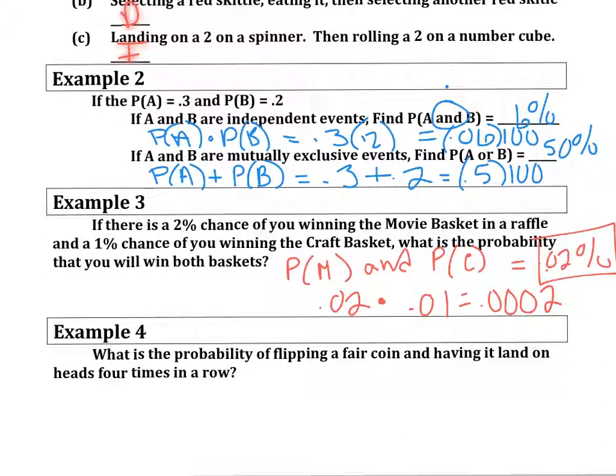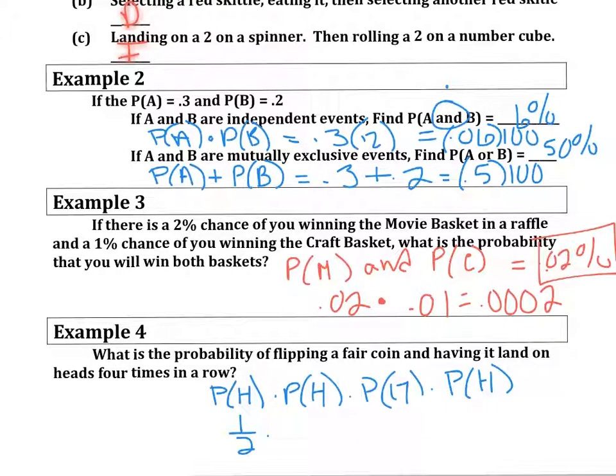In example 4, what is the probability of flipping a fair coin and having it land on heads 4 times in a row? So this is 4 independent events. Each one has a chance of 1/2, but the fact that we want them to happen consecutively, so we want the probability of heads, and then the probability of heads again, and then the probability of heads again, and then again a 4th time, is 1/2 each time.